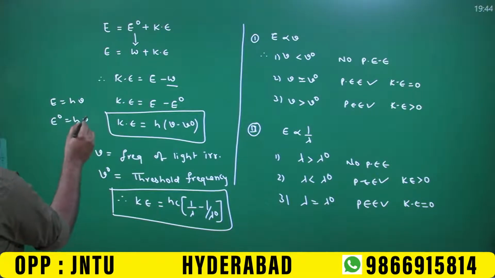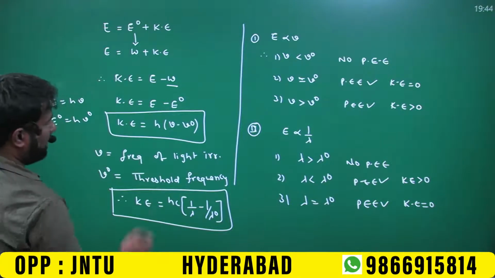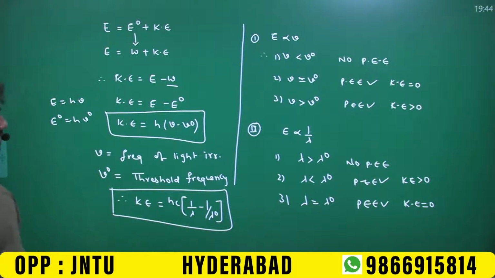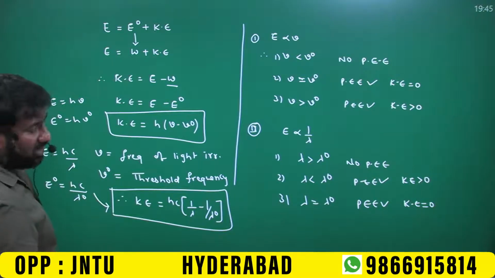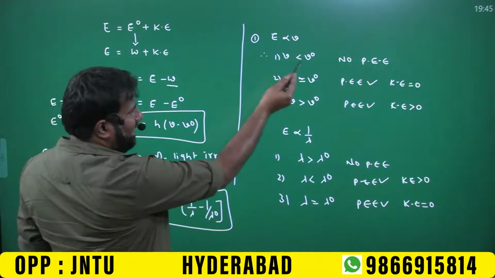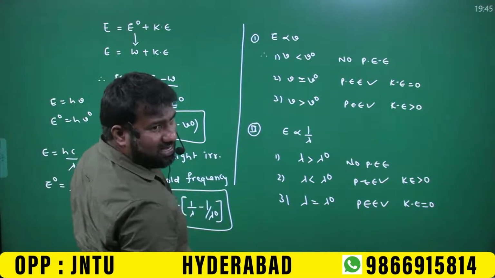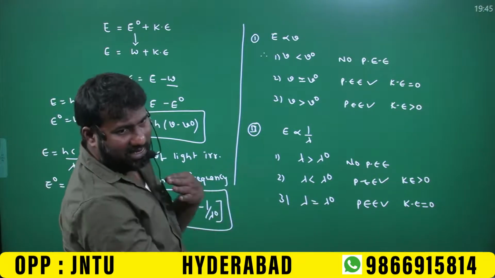Substituting, kinetic energy equals h into nu minus nu naught. Also E equals hc by lambda and E naught equals hc by lambda naught, so kinetic energy equals hc into 1 by lambda minus 1 by lambda naught. As energy is directly proportional to nu, energy is inversely proportional to wavelength, so we get opposite conditions.